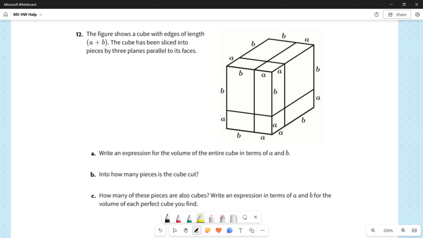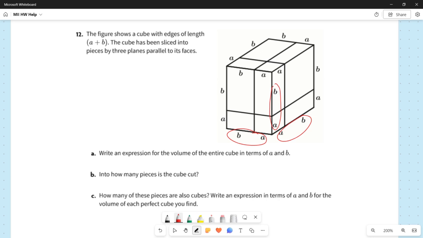If you look here, this is B plus A, which is obviously the same thing as A plus B. Right here, that's A plus B, and right here, that's A plus B. So in this cube, where every face is a square, every total length is A plus B. And just by looking at it, B certainly seems longer than A.